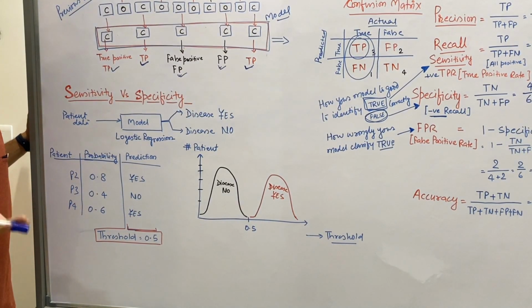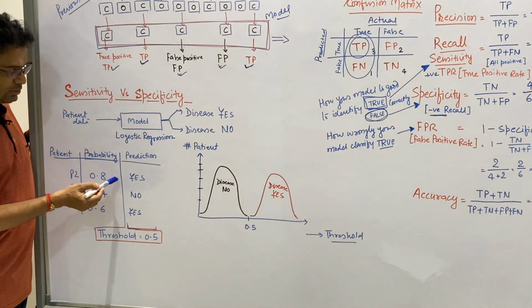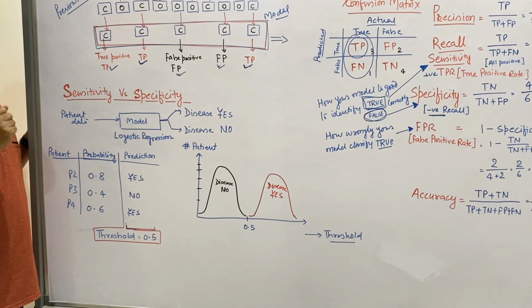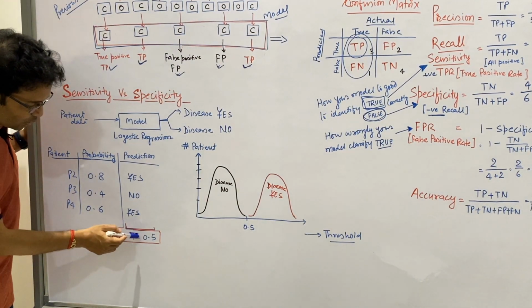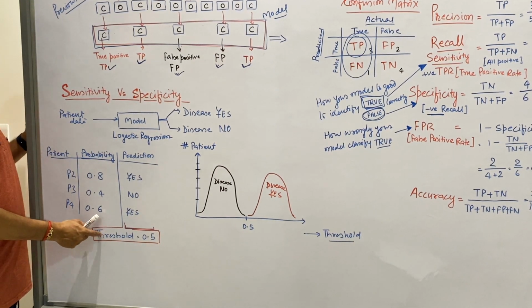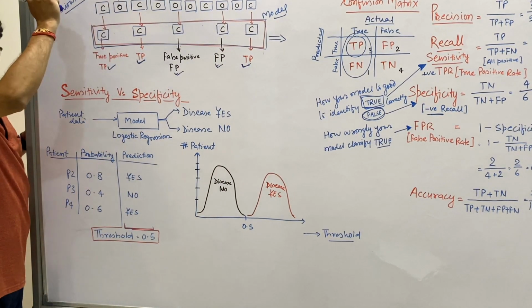So on which basis are you saying 0.8 could have the disease? Because you are considering the threshold value to be 0.5. This is a very important terminology to understand the ROC.